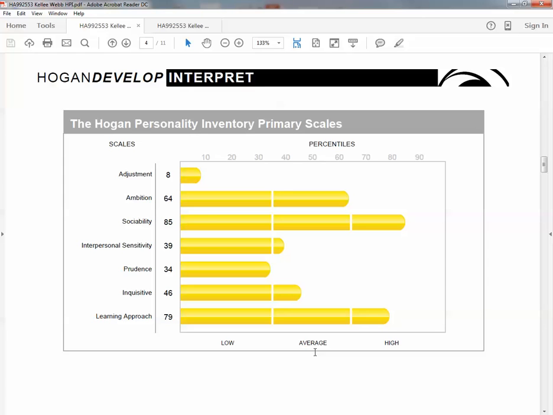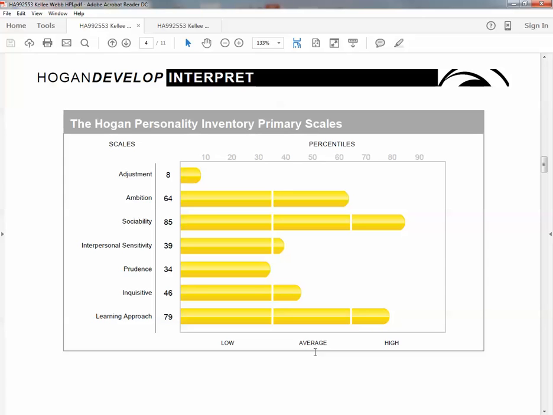People who are lower inquisitive, it doesn't mean that they're not curious, it just means that they're much more practical and down to earth, and they're willing to really drive through tasks that people who are high inquisitive may think are boring. But they really get in and get their arms around that and really just get those tasks done. So again, you need both ends of the spectrum on your teams.